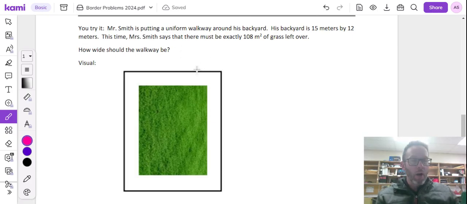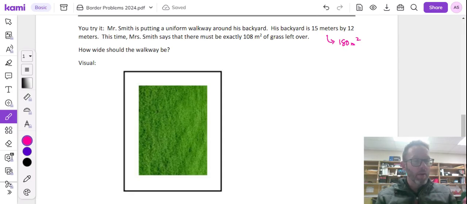This time we're in my backyard. We're putting a uniform walkway in the backyard. My backyard is 15 by 12 meters, so it might be just worthwhile. 15 by 12 is 180. Not sure if we'll need that later, but just a helpful aside. This time, Mrs. Smith says there must be exactly 108 meters squared of grass left over.